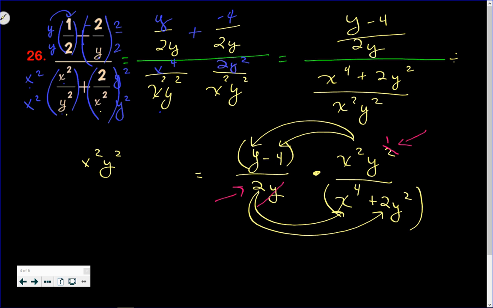And then this times the -4 gives me -4 x squared y. 2 times x to the 4th gives me 2x to the 4th. 2 times 2y squared gives me 4y squared.